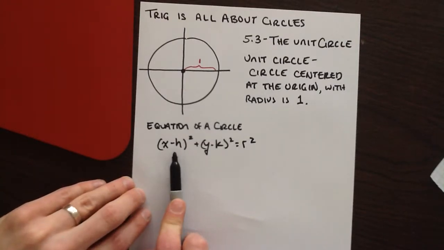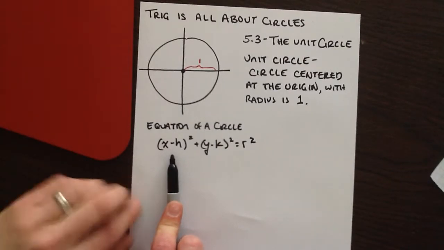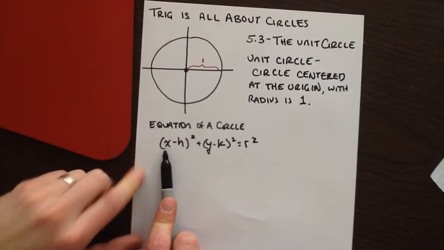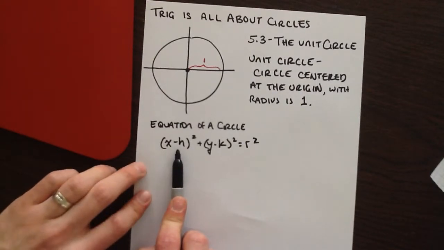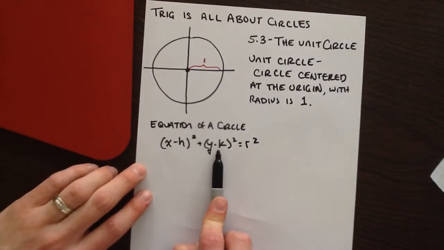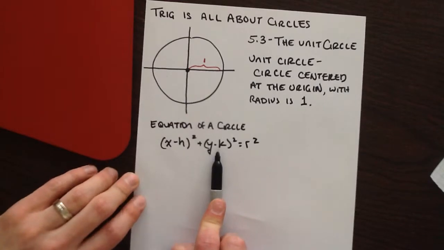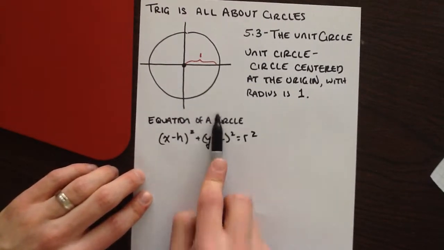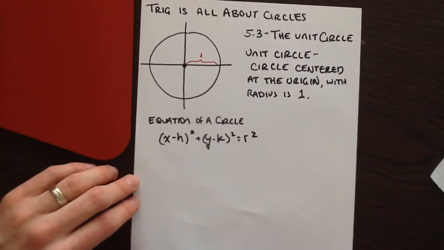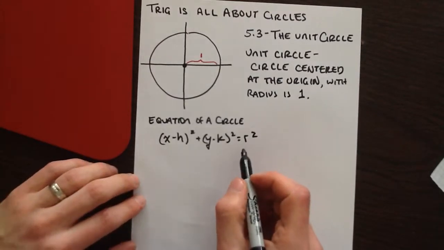It's going to be a shift. Which direction? X, so this is a left or right shift. How is that k going to change our circle in a graph? That's going to move us up or down. R is our radius.